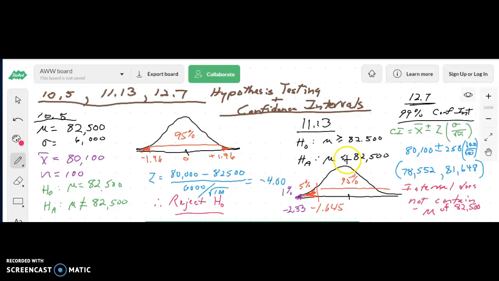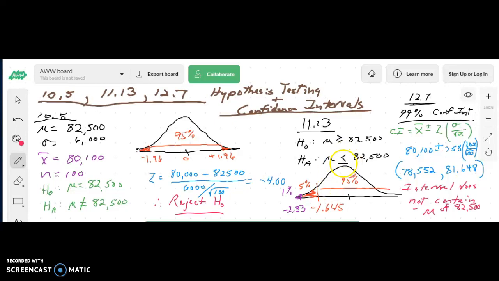And since this is less than, our null hypothesis technically needs to change from not being equal to 82,500, but being greater than or equal to. Notice that these two inequality symbols need to together make sure we cover the entire population.